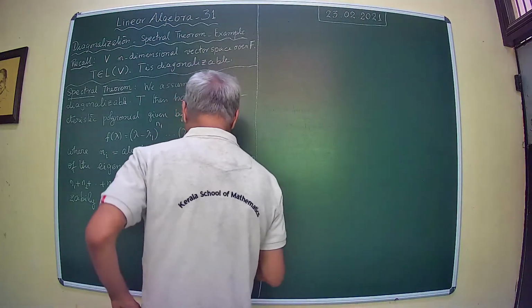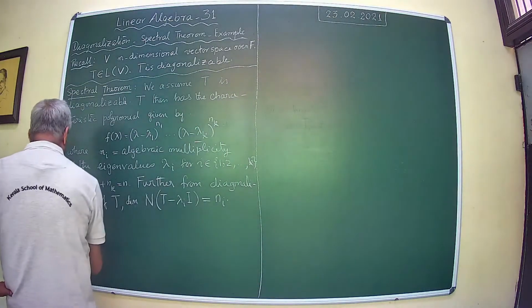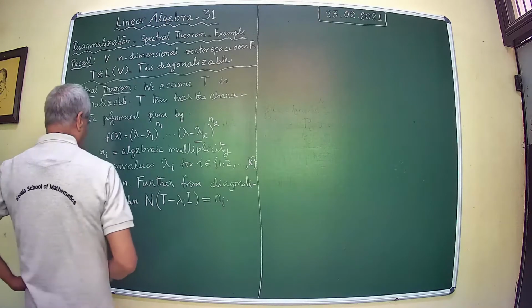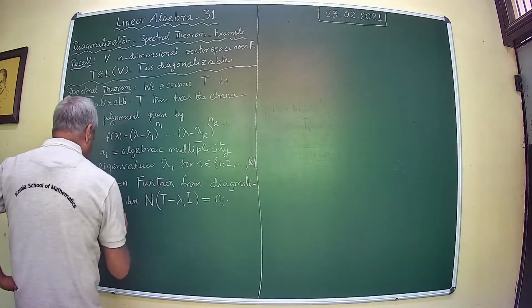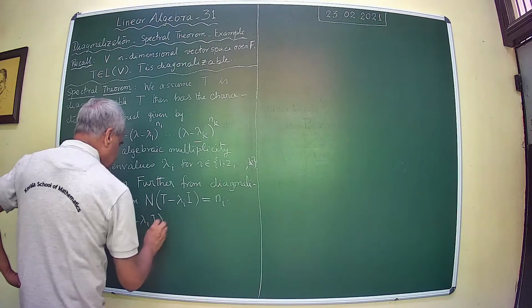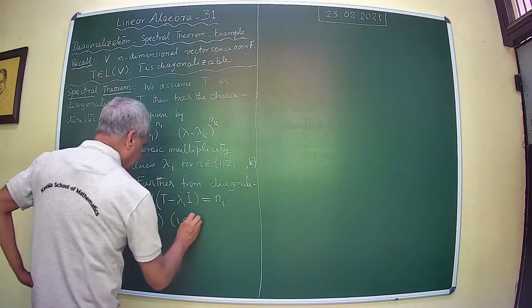Okay. So let Wi denote the null space of T minus lambda i I, for i belonging to 1 to k.